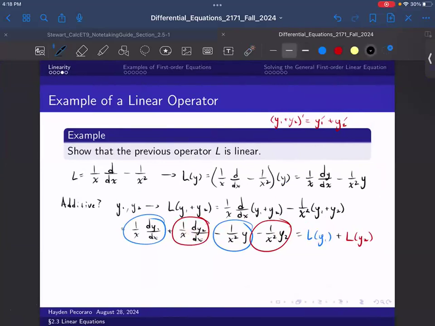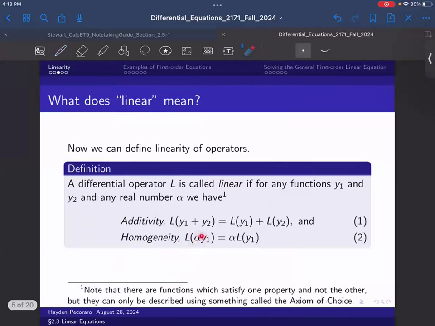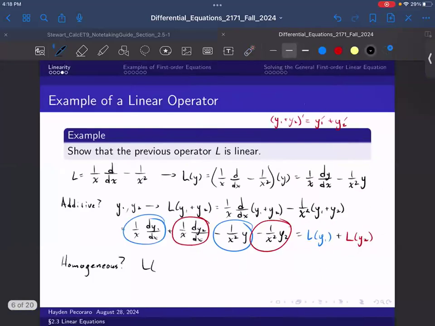Let's check that it's homogeneous. All right, so here, we're gonna start with the left side of our property that says, all right, plug this in, and then see if you get this out. I'm just gonna put alpha y here.